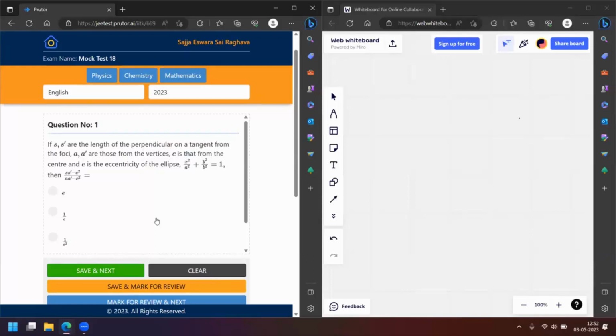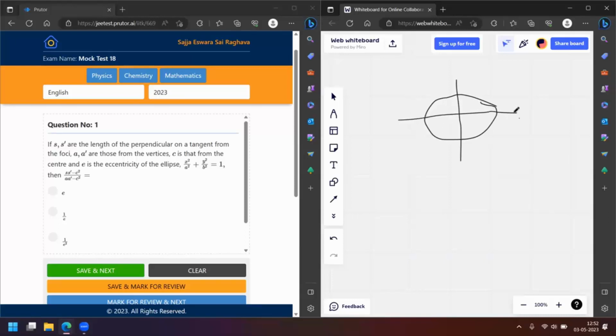So in this question, do we have to take any arbitrary point and write the equation of the tangent? Suppose this is an ellipse with the axes like this. We have to take any point on the ellipse and draw the tangent at that point.